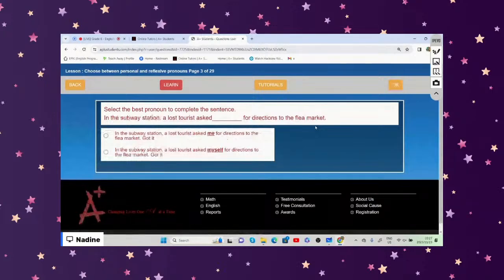"In the station, a lost tourist asked me for directions to the flea market," or "the lost tourist asked myself for directions to the flea market."